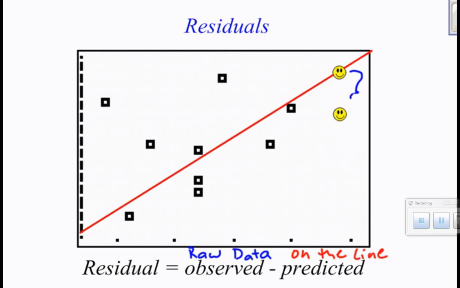So right here, the distance between these two smiley faces, these 2 points, the distance between the two would be considered the residual.